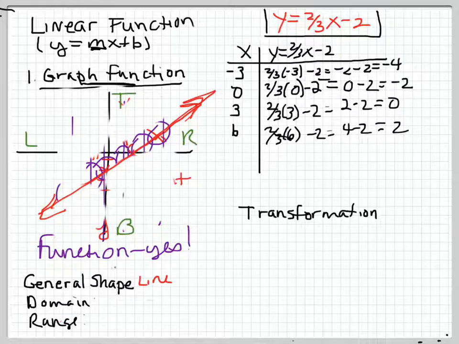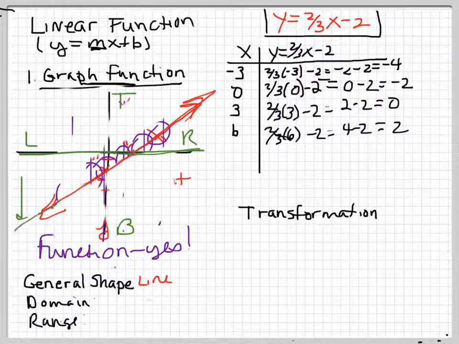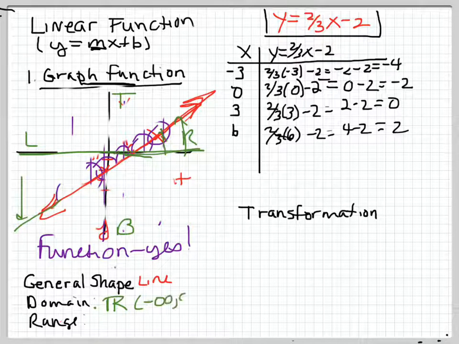When we're talking about domain, as I go from left to right, no matter where I go on this x-axis, I can either go down and eventually hit a point on the graph, or I can go up and eventually hit a point on the graph. When this happens, your domain is all real numbers, and in interval notation we'd go from -infinity to infinity.